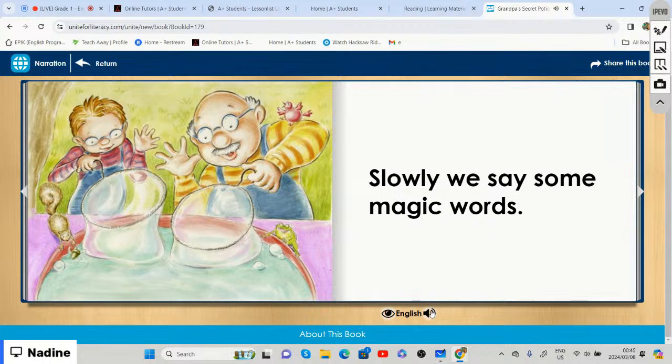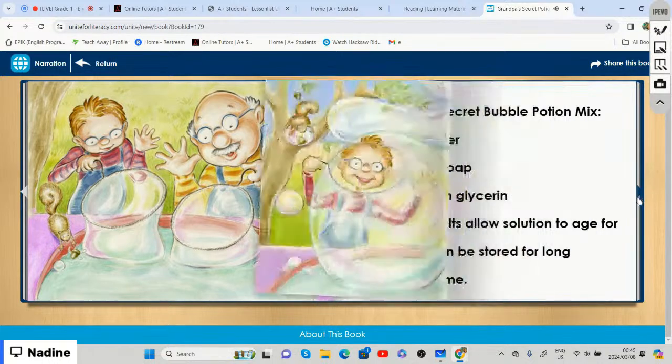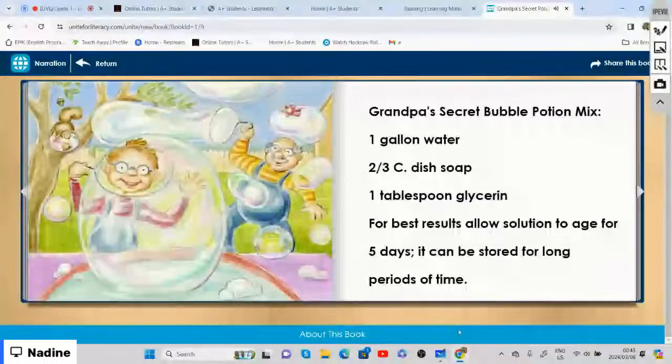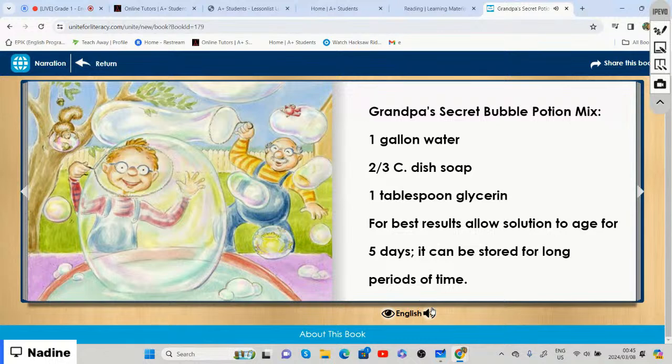Slowly, we say some magic words. Grandpa's secret bubble potion. Mix 1 gallon water, 2/3 cup dishwash soap, 1 tablespoon glycerin. For best results, allow solution to age for 5 days. It can be stored for long periods of time.